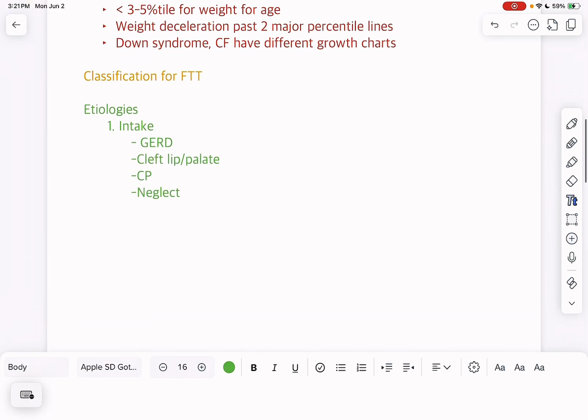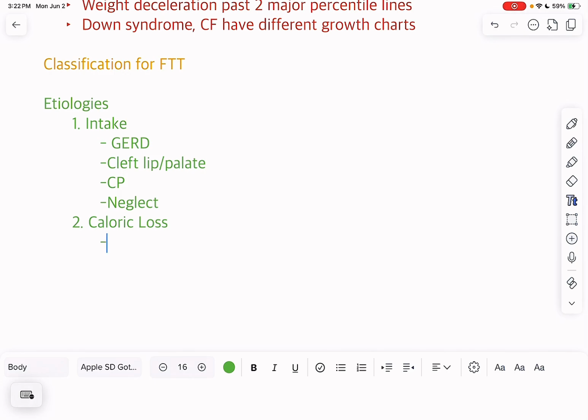Next, moving on to increased caloric loss. So remember SpongeBob, he's porous, he's not absorbing too much. So things like celiac disease, things like cystic fibrosis, in which there's malabsorption of proper nutrition. Those are examples of caloric losses.